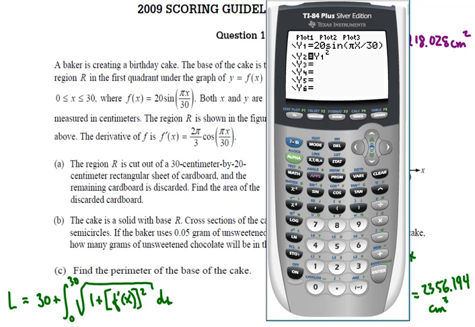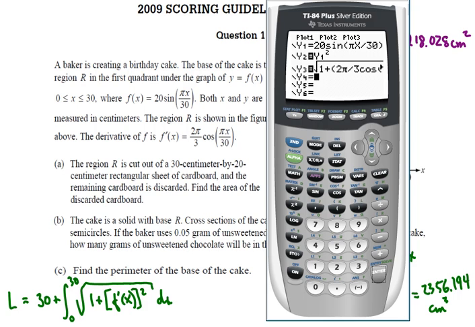So I have square root of 1 plus, I'm going to need parentheses, and I have 2 pi divided by 3 times cosine, I don't think we need any parentheses there, pi x divided by 30, close parentheses, square it, and I believe I have everything that I need there.